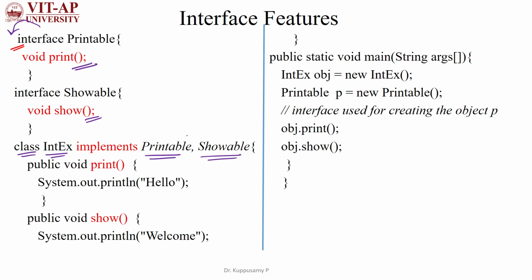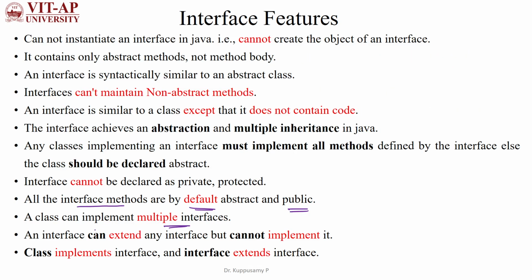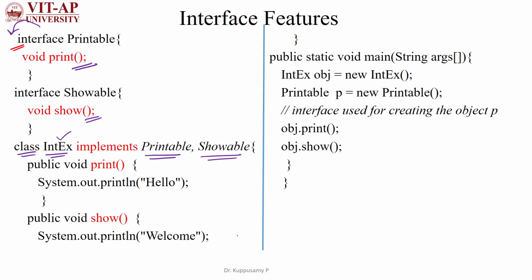So from this we can derive the statement that a class can implement multiple interfaces, so it is supporting multiple inheritance. An interface can extend any interface, but it cannot implement. Here you see, when you are defining the interface, the interface can extend another interface, for example printable.